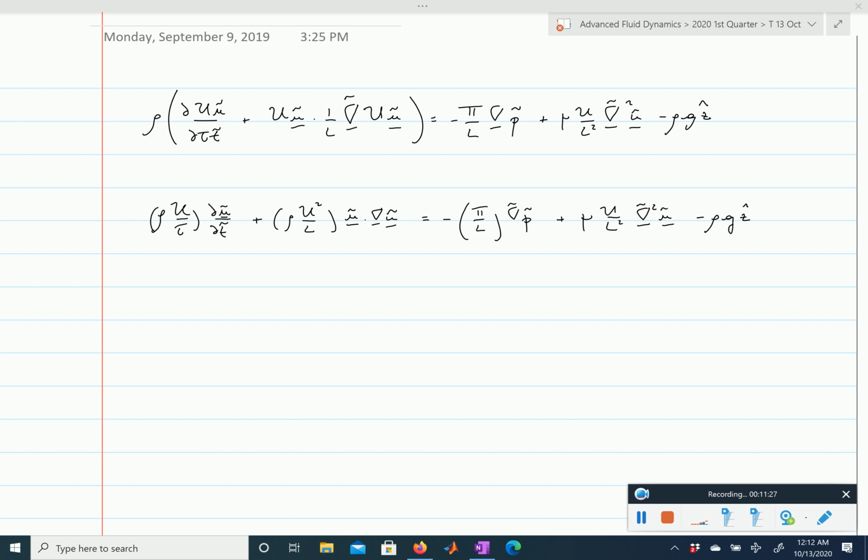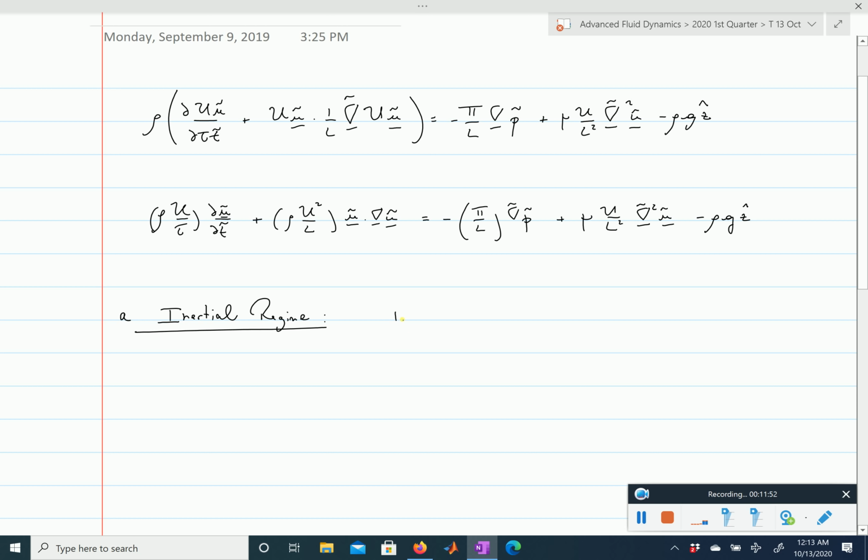And so when we non-dimensionalize these equations, then we just have to divide all of these by a group which has certain dimensions. And the way we'll do that really depends on which regime we're looking at. So let's look first at the inertial regime. So in the inertial regime, we'll assume that the pressure reacts to inertial forces.